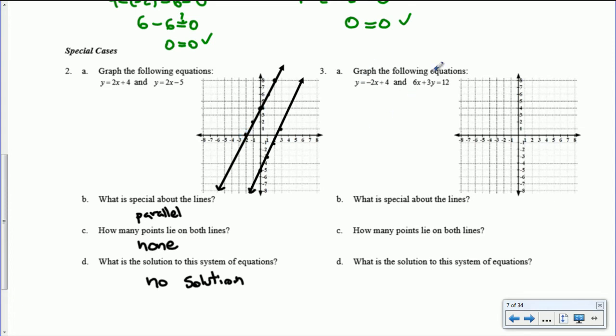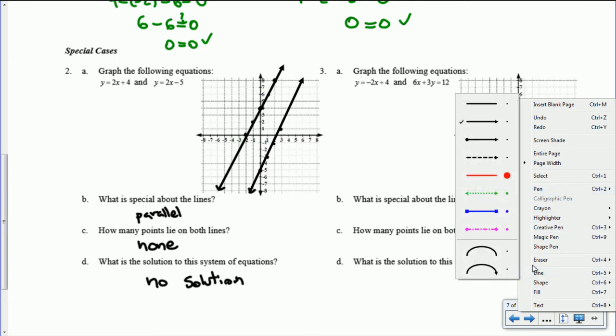Okay, another one. So negative 2x plus 4 and this one here. So let's maybe just graph this right away. So 4 is the y-intercept, negative 2 over 1. So negative 2 over 1, negative 2 over 1, negative 2 over 1.